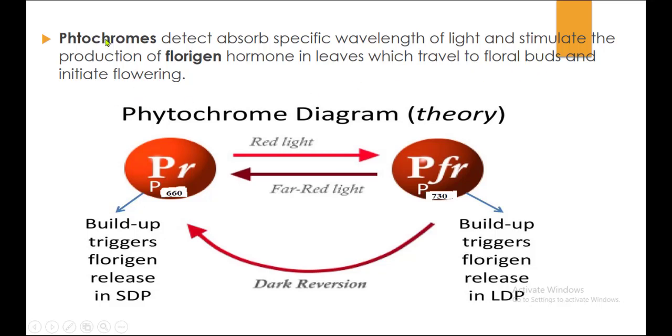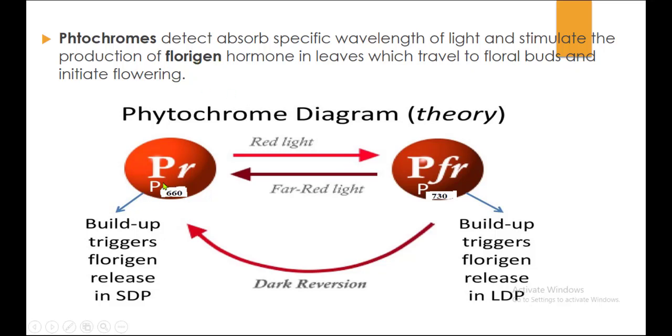So phytochromes are the pigments and floragen is the hormone. The concentration of phytochrome is important to trigger the production of this hormone.